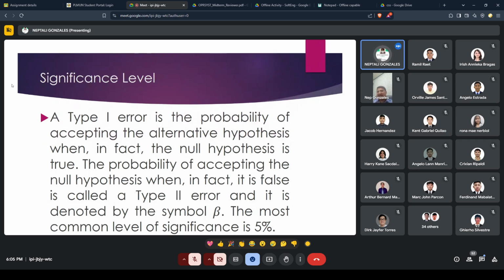So that's the difference. In a type 1 error, you accept the alternative hypothesis when in fact the null hypothesis is true. In a type 2 error, you accept the null hypothesis when in fact it is false.